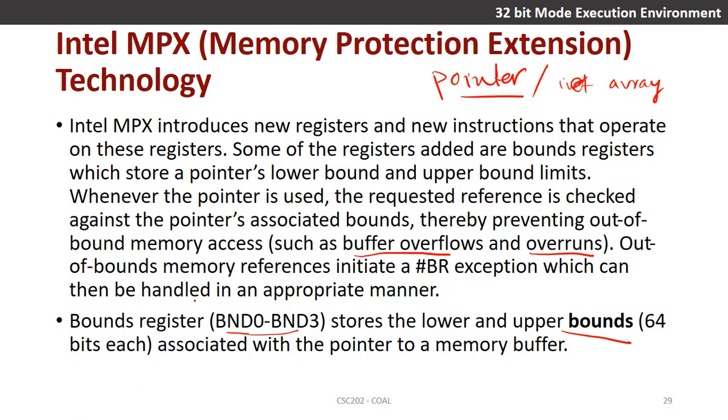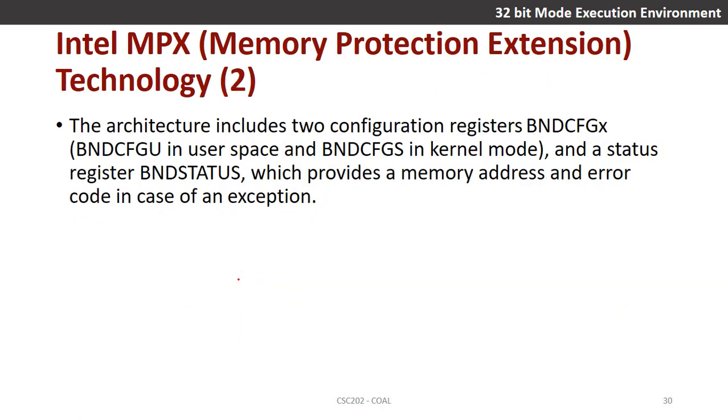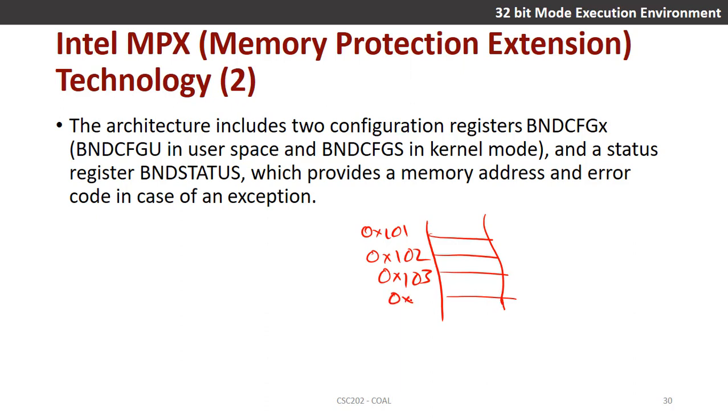Let's say an array consists of only 4 elements, and the base address of the array is 0x101, then 0x102, 0x103, and then 0x104. These are just hypothetical addresses: 101, 102, 103, 104.